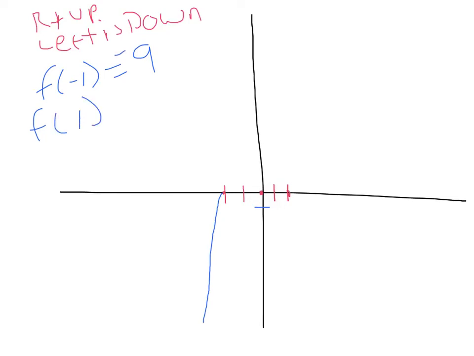And f of 1 is equal to 9. So 2, 3, 4, 5, 6, 7, 8, 9. That point's going to come about right to there. It doesn't even cross the x-axis. And it's going to go through this 0 all the way up to 9. 2, 3, 4, 5, 6, 7, 8, 9. See, I just found the midpoint between my zeros.